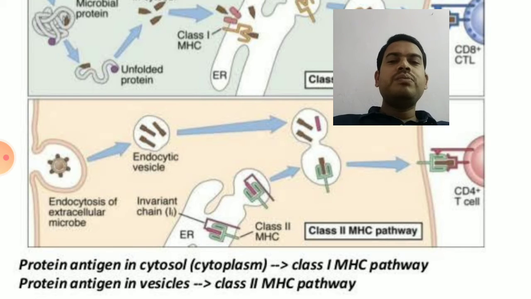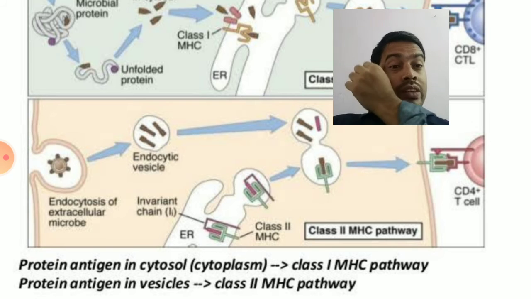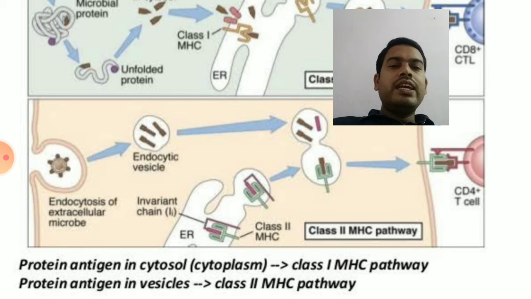In class 2 MHC molecule, the engulfed exogenous antigen is processed by the endocytic pathway, where you can clearly see the class 2 MHC molecule coming out of the endoplasmic reticulum, and the vesicle which contains the processed peptides will bind with it, and it is presented on the transmembrane region to CD4 receptor containing T helper cells.